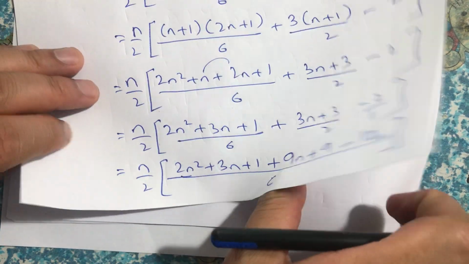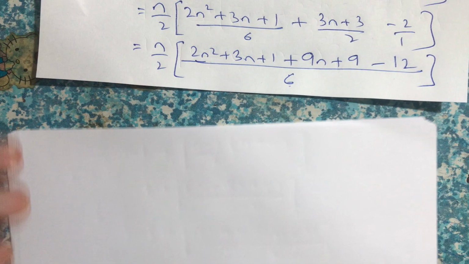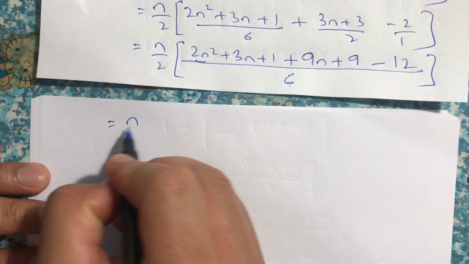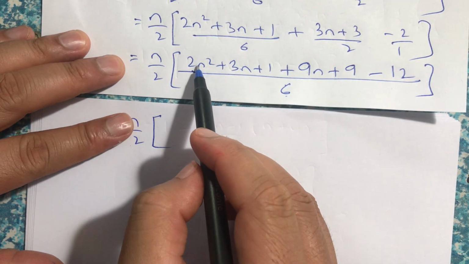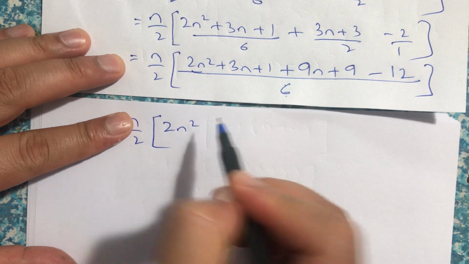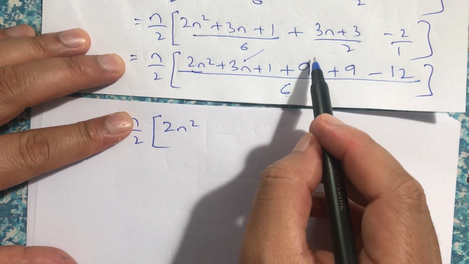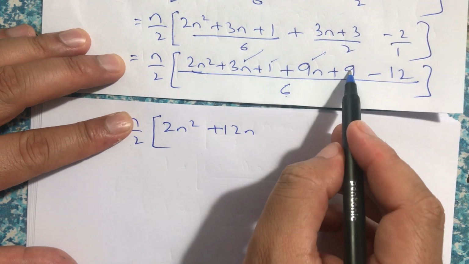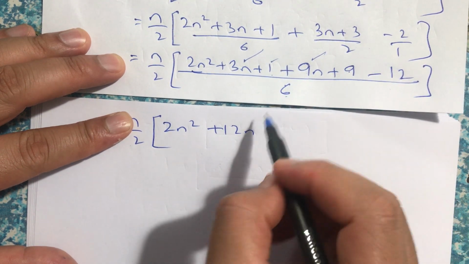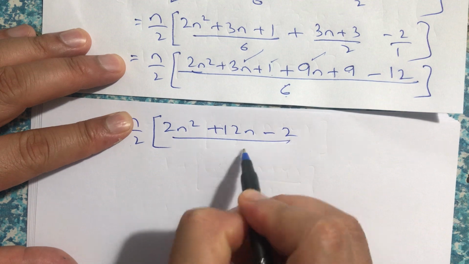Once I get here, the next step is n by 2. Then we check for like terms. There is no n squared other than this, so there is an n over here and an n over here. These two will give me 12n. There is a plus 1 plus 9, which gives me 10, but minus 12 gives me minus 2, all over 6.